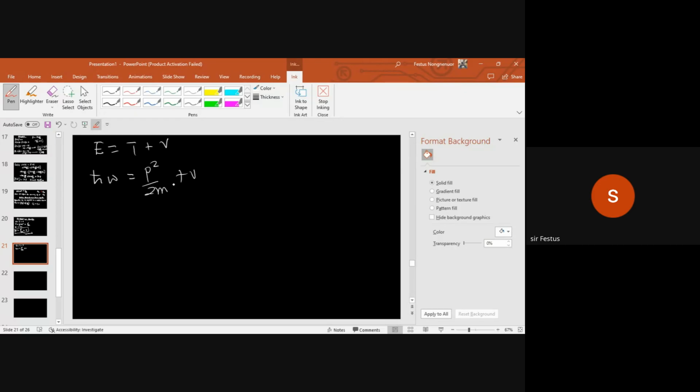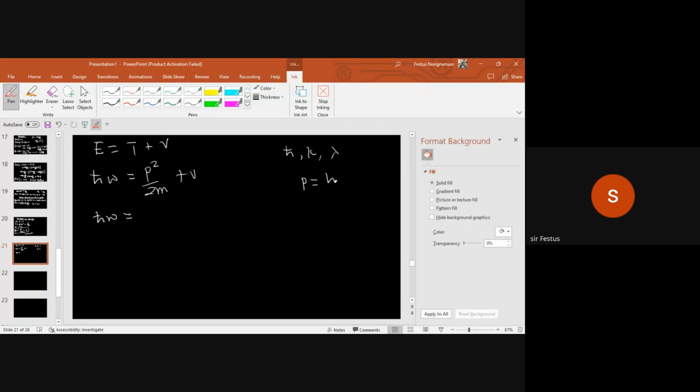Now, from the de Broglie wavelength, we also know how momentum, the wave number and wavelength are related: h bar, k, and lambda. We know how these are related, so we can write it in terms of the wave number. So P is equal to h bar k.